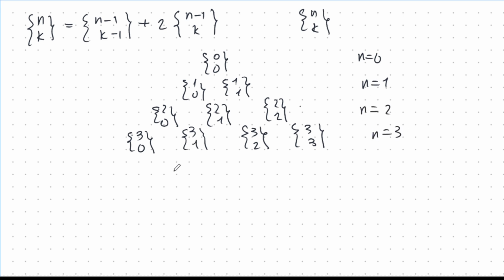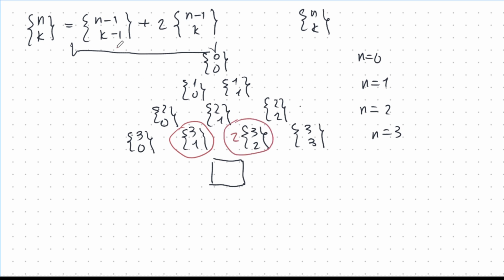Now, by using this rule, we can form any new one by taking the previous row. So suppose I want to find this one. Well, I take this plus 2 times this. The previous row, previous element, plus 2 times previous row, next element.